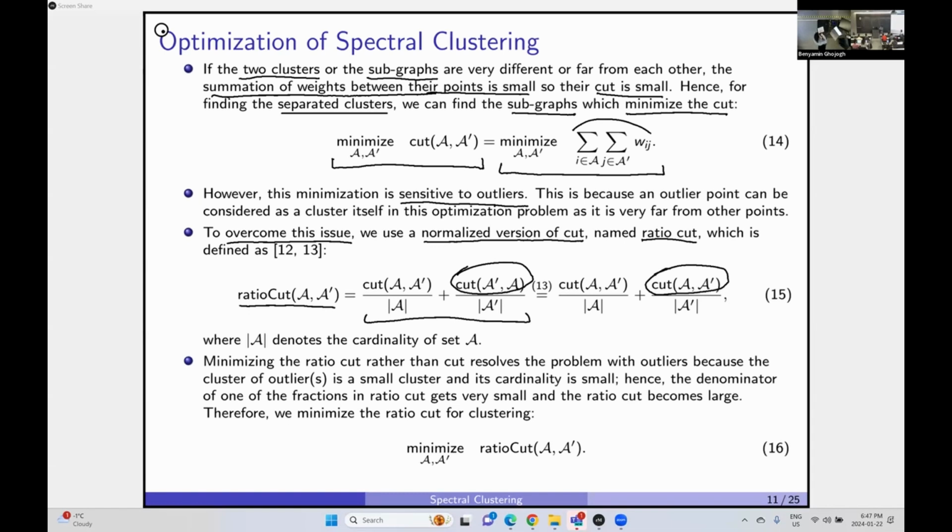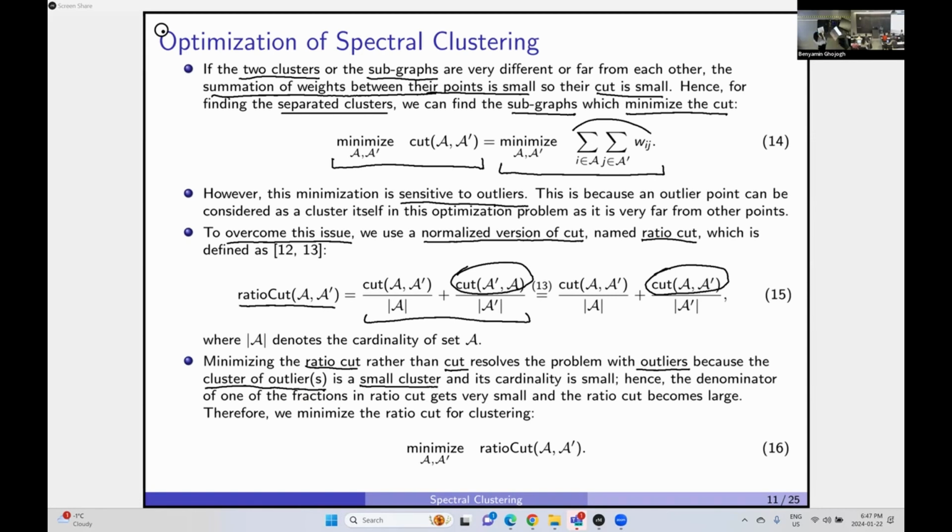Now, minimizing the ratio cut rather than the cut resolves the problem with outliers. Let's see the reason. Why does it resolve the issue of outliers? Because the cluster of outliers is a small cluster, right? An outlier can be a cluster of one point, for example.